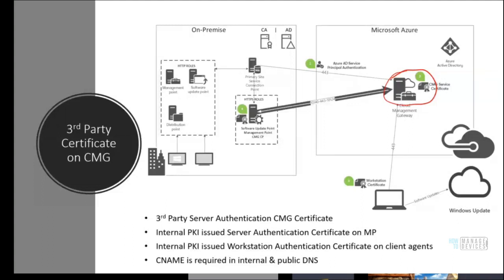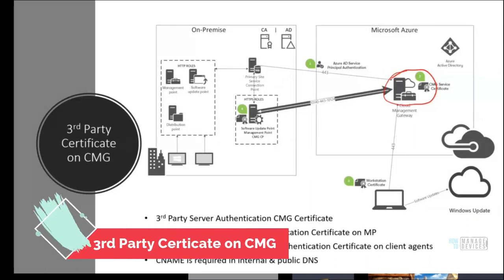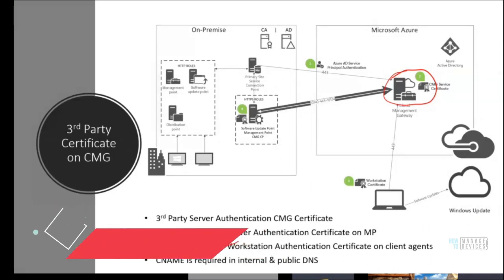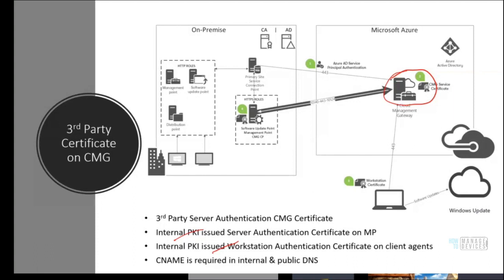So, like I mentioned here, the internal PKI issues the server authentication certificate on the MP and client machines. If you're using a third-party certificate, you need to create a CNAME. That is another important part. You will request a third-party certificate with the CMG name.fqdn, your intranet fqdn.com.